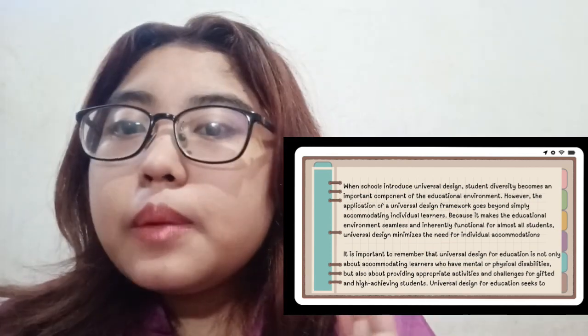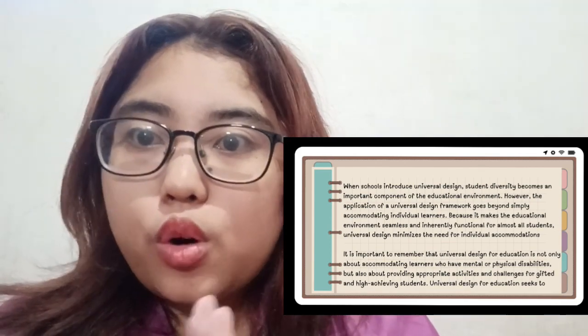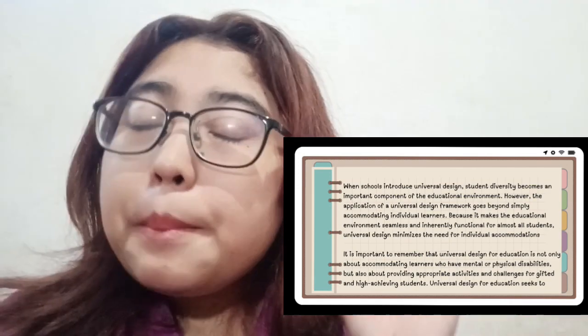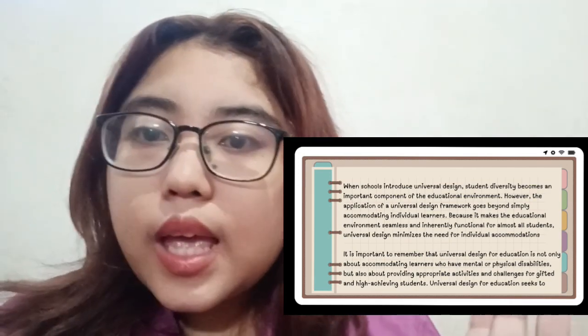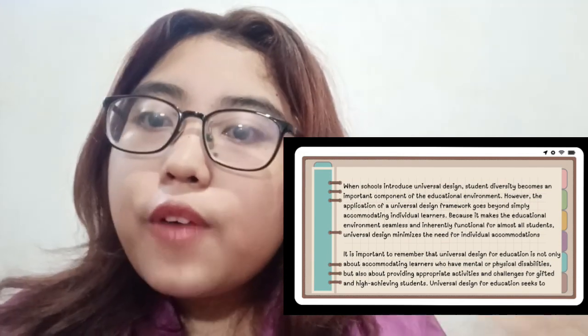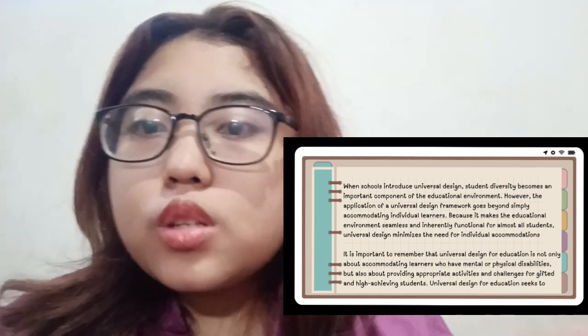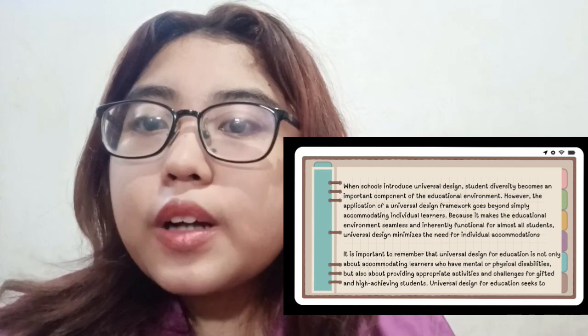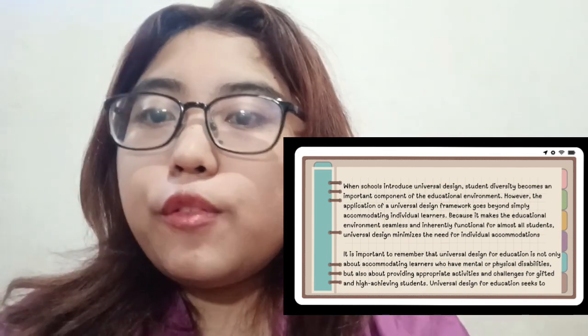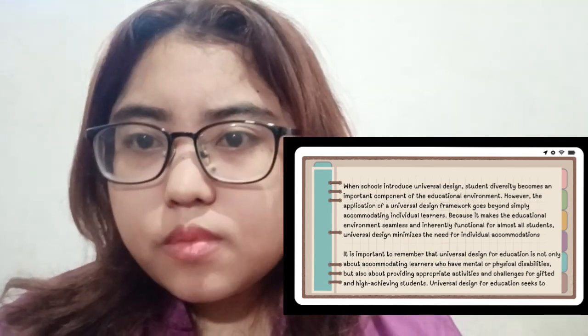But implementing the universal design framework goes beyond accommodating individual learners because it makes the educational environment seamlessly and inherently functional for almost all students. Universal design minimizes the need for individual accommodation.